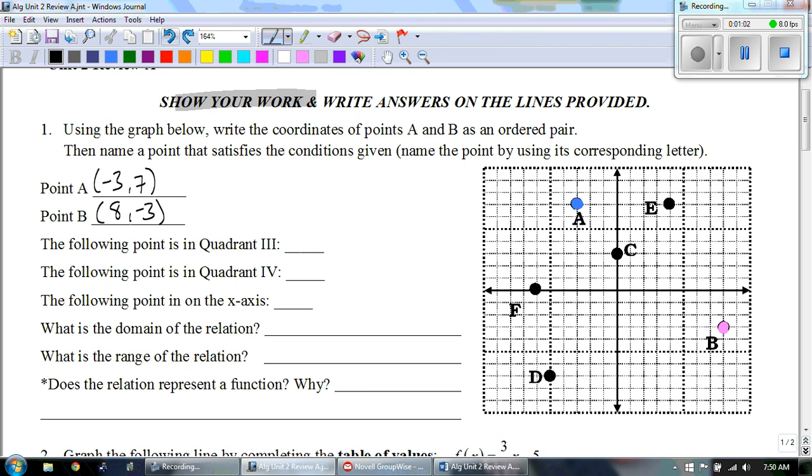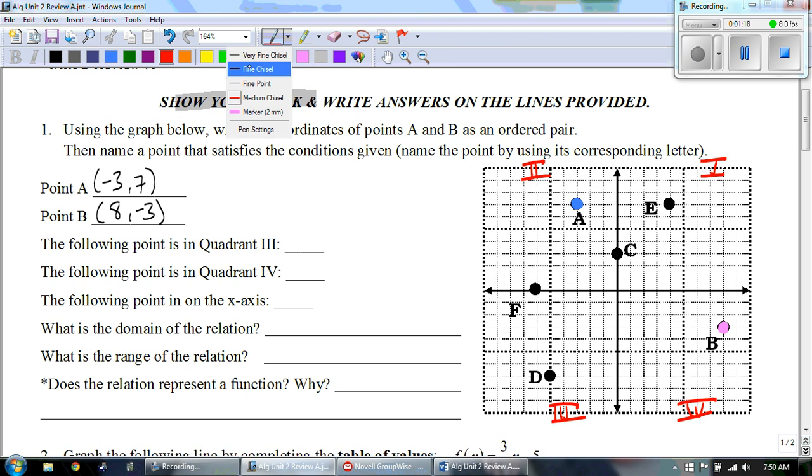Now, the following point is in quadrant 3. So what point is in quadrant 3? Remember, if you don't know the quadrants, it goes 1, 2, 3, and then 4.